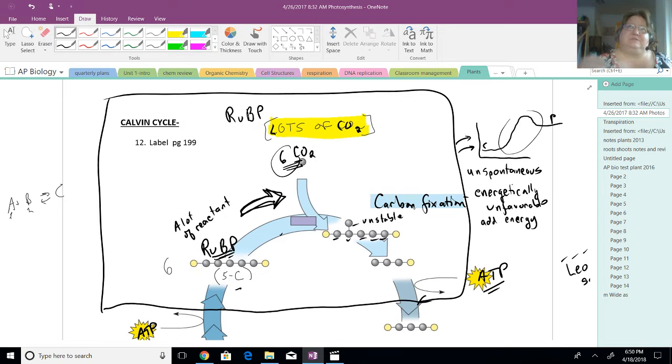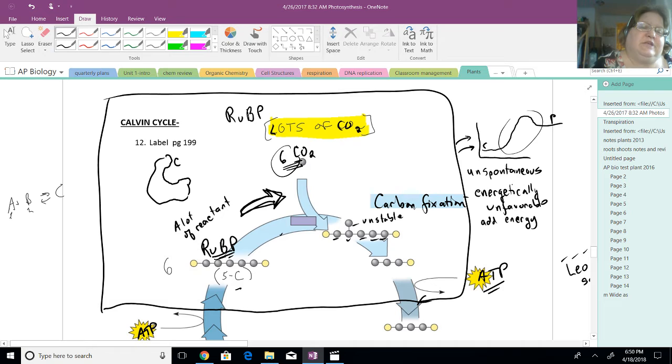Something that attaches 2 molecules together because it lowers the activation energy and increases the rate of reaction. Well, what we're thinking here would be an enzyme. And the enzyme is going to have an active site that's going to take carbon dioxide and then RuBP and hold them in that active site and allow for that bonding to occur.